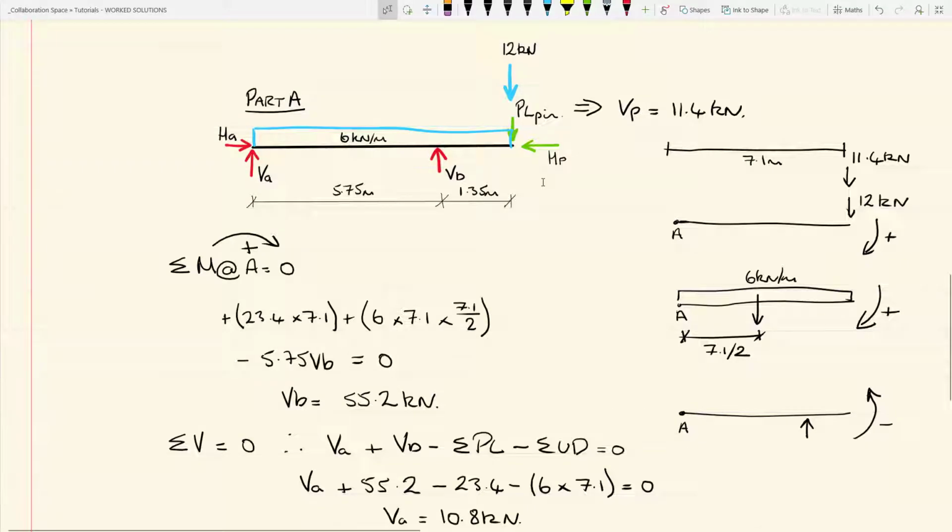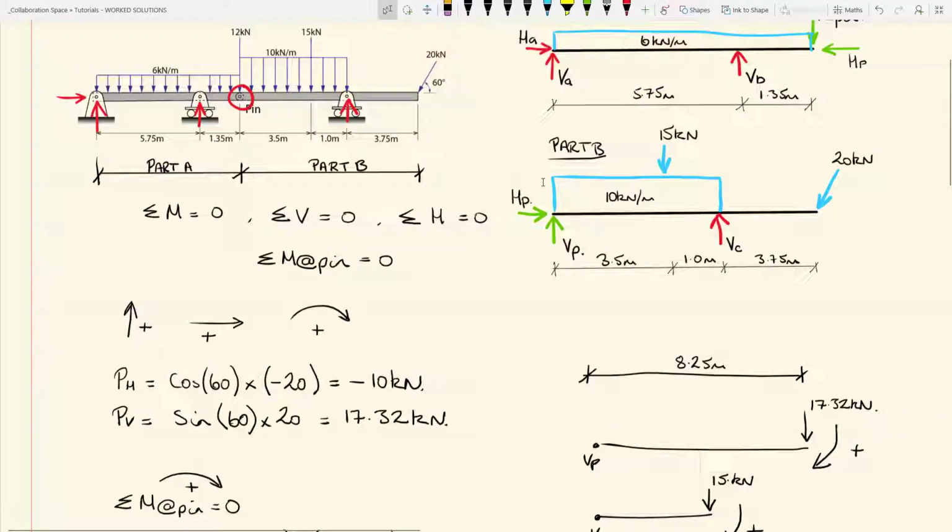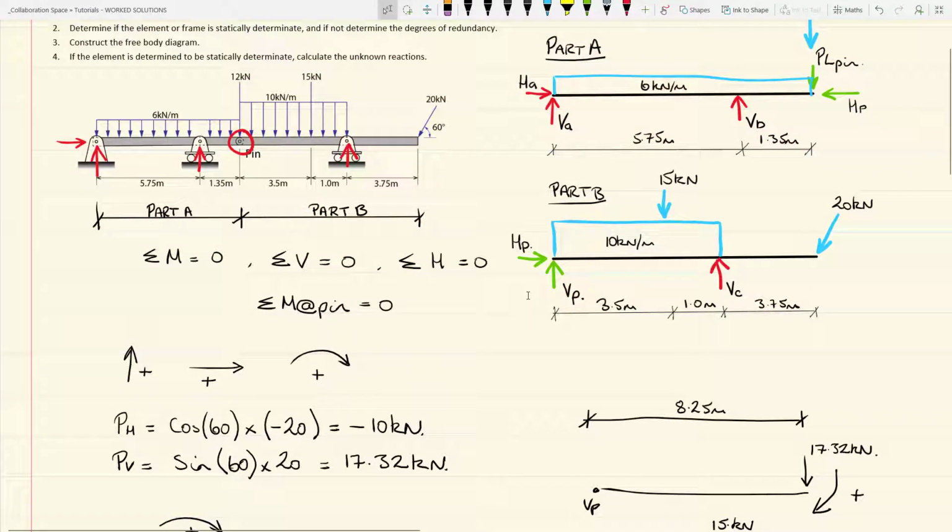And the last bit, if we just scroll back up to the top, we have to resolve the horizontal actions. So one of our equations of equilibrium was that the sum of the horizontal forces equals 0. So we have a horizontal action acting on the end of the beam, that is the horizontal component of the 20 kilonewtons. It acts in a negative direction, so it's acting from right to left, that's 10 kilonewtons.